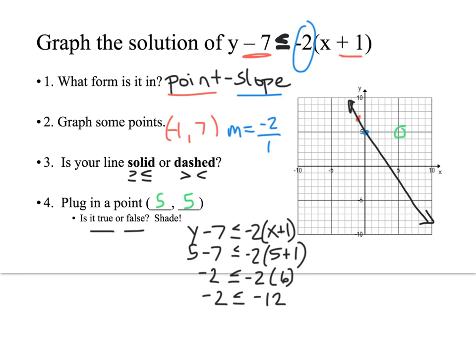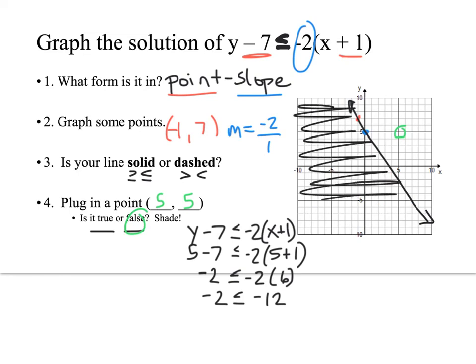Well, that is false. -2 is not less than -12. -12 is less than -2. Since this is false, we need to shade away from this point, the other side of the line. So I'm not going to shade up here where that point exists, because we just found out this point is not a solution. So we need to shade all this other space over here. There you go.